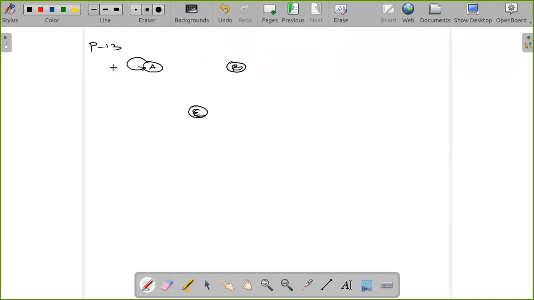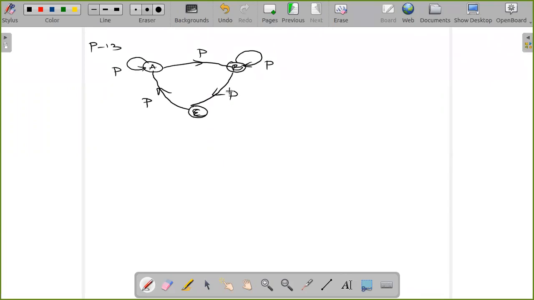The transitions: A to B with probability P, B to B with probability P, C to A with probability P, and B to C with probability P. This has been given. Now you need to find the entropy of each state.